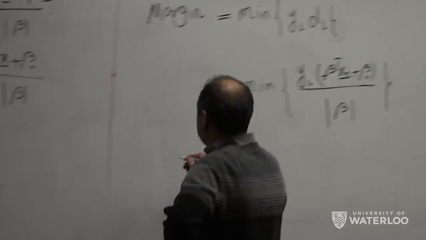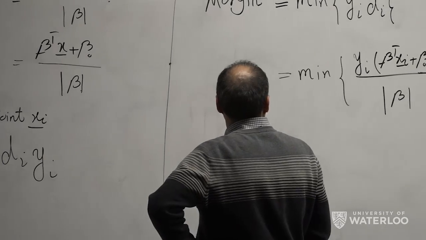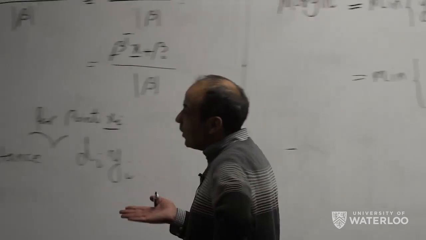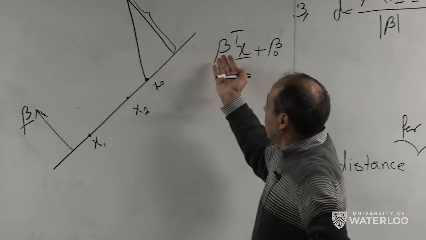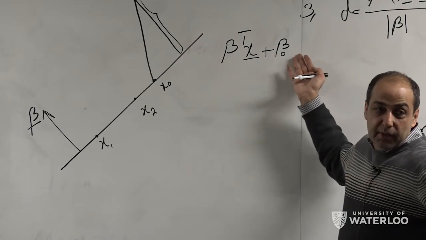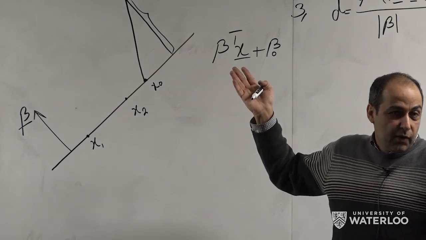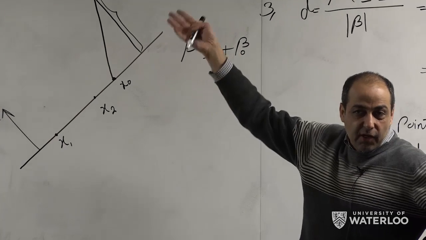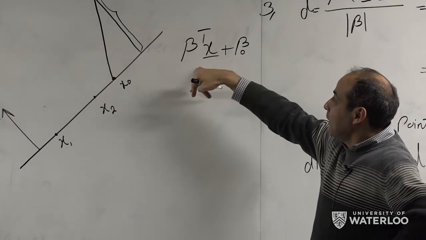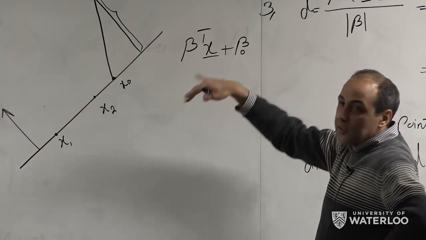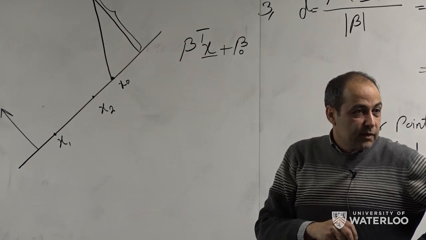Now I'm going to say that points are either on the hyperplane, in which case beta transpose x plus beta null is equal to 0, or off the hyperplane, in which case beta transpose x plus beta null is not equal to 0.